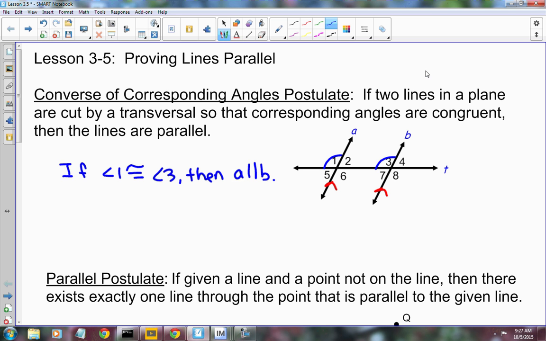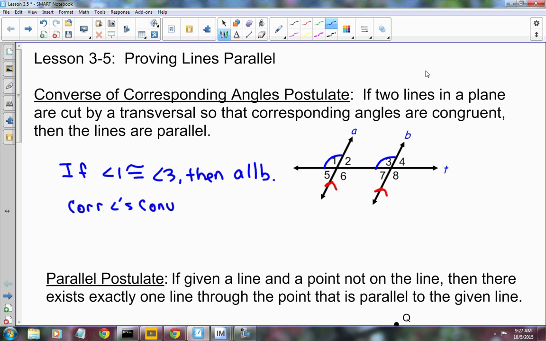Abbreviation-wise, you could just say corresponding angles converse would be sufficient there. The converse allows you to prove parallel lines. With the regular corresponding angles postulate, you already know you've got parallel lines and you're proving that angles are congruent.